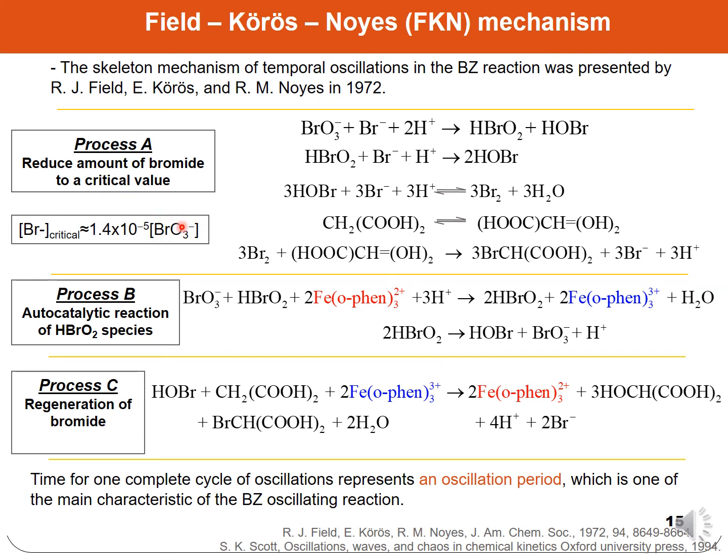So imagine when we increase the concentration of ethanol, the concentration of bromate decreases. Thus, the bromide critical concentration decreases, so process A can occur faster. That means the cycle of oscillation would be shorter. Thus, the oscillation period is decreased when we increase the concentration of ethanol.